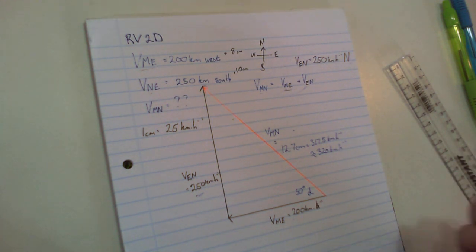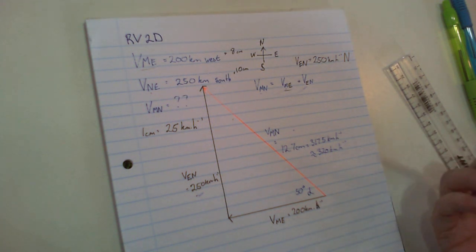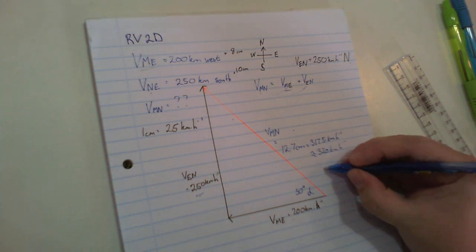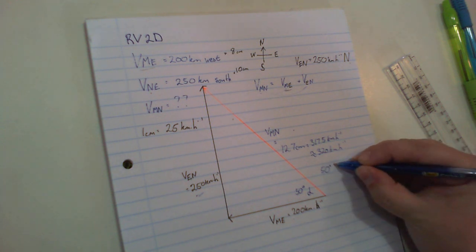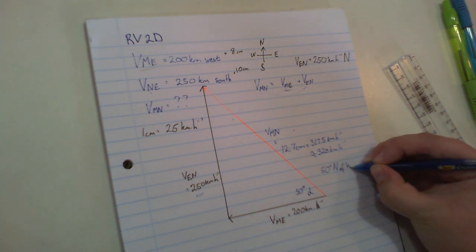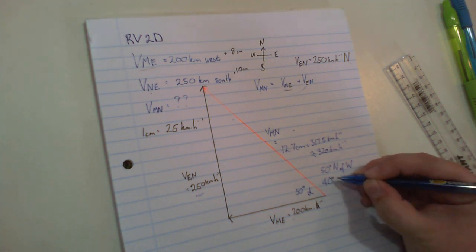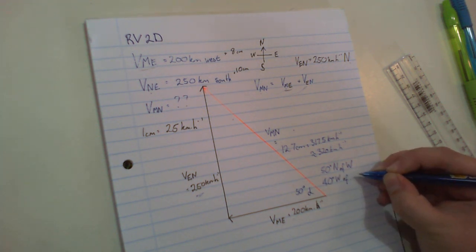Again, this relates to the question, does it ask for a bearing or does it ask for direction? If it asks for direction, your two options would be 50 degrees north of west, or of course the correlation, 40 degrees west of north.